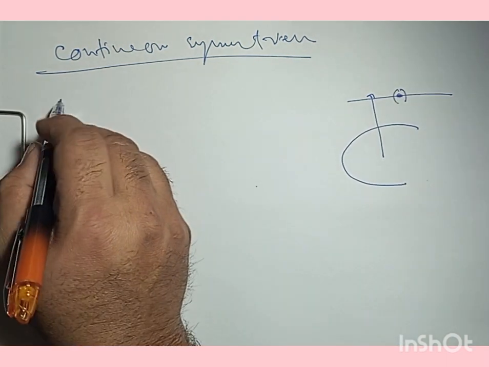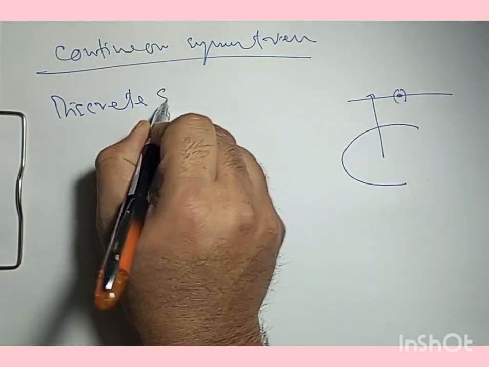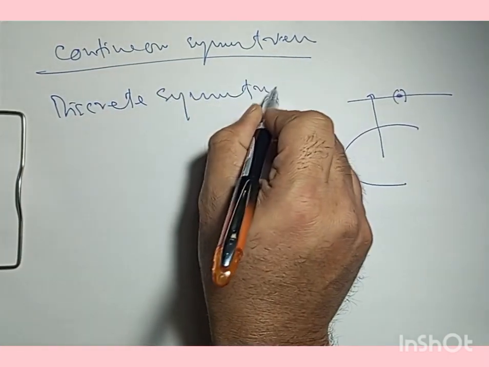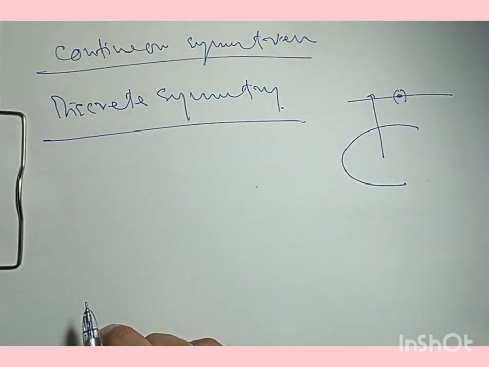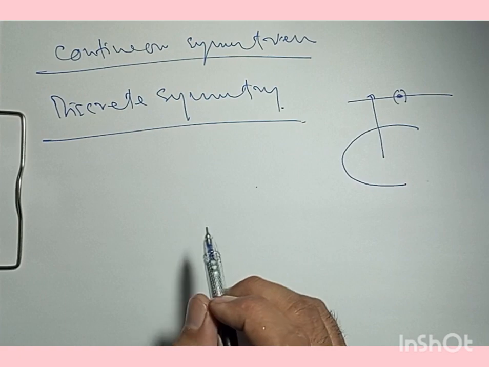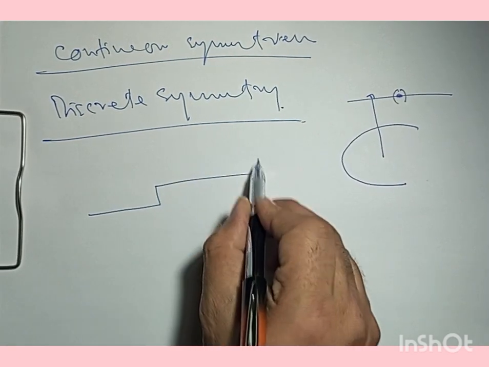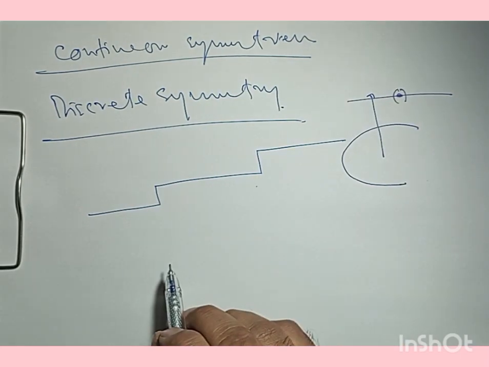And then we have another example, discrete symmetry. It deals with the symmetries of a system under operations which exist in the form of discrete steps.